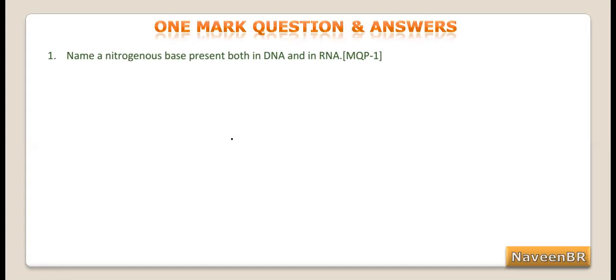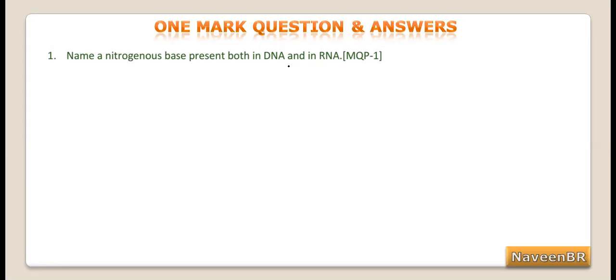The question from model question paper 1: name a nitrogenous base present both in DNA and in RNA. We know that nitrogenous bases are of two types, purines and pyrimidines. Purines are common for both DNA and RNA, hence you can consider adenine and guanine.